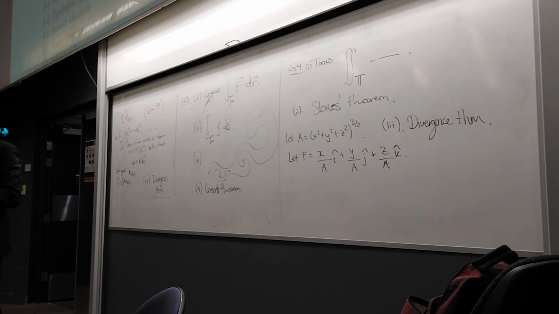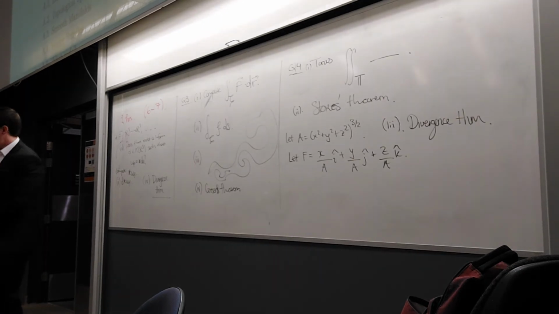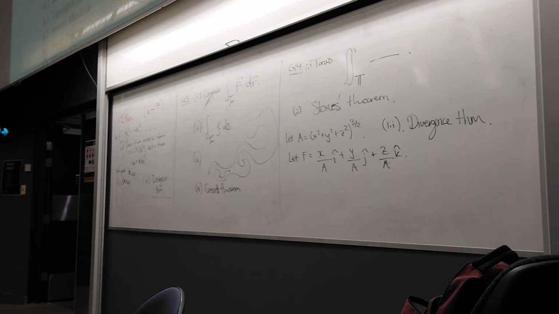If I want to compute a surface integral, but it's too hard, what can I do and how do I do it? You could try and break it down into a line integral. What theorem allows me to do that?